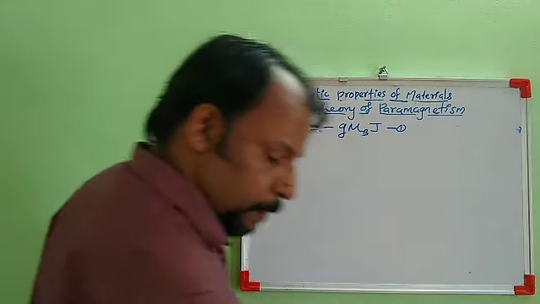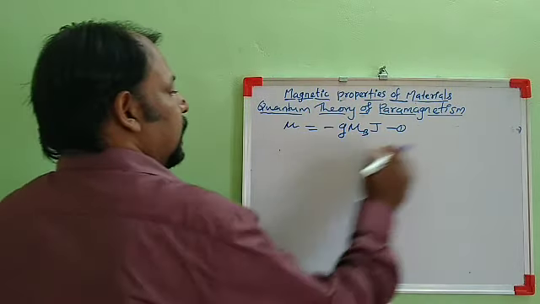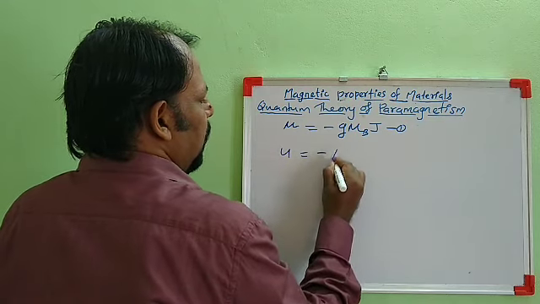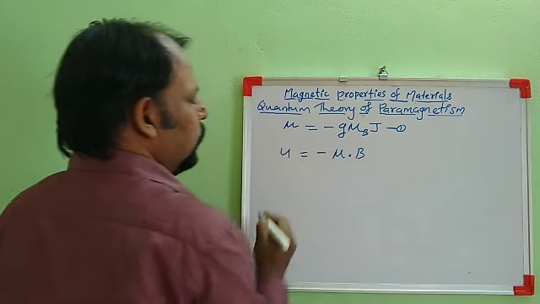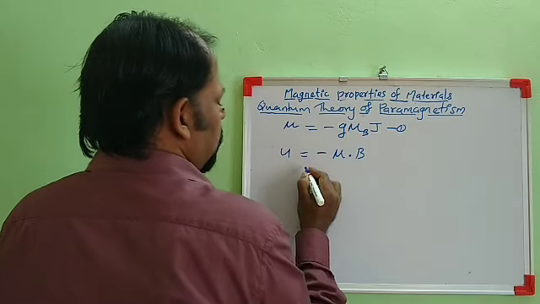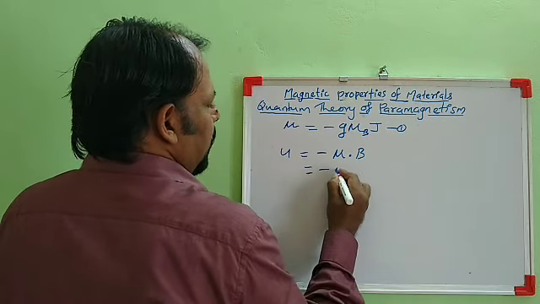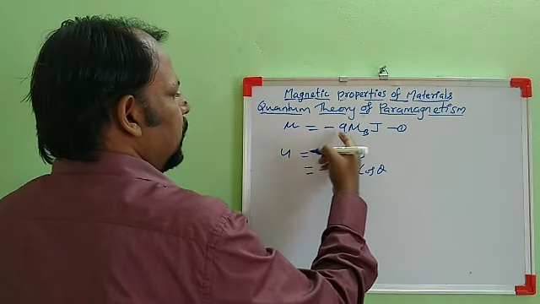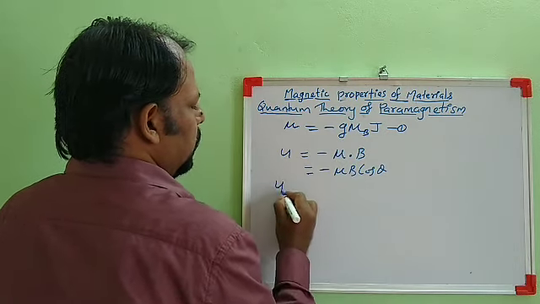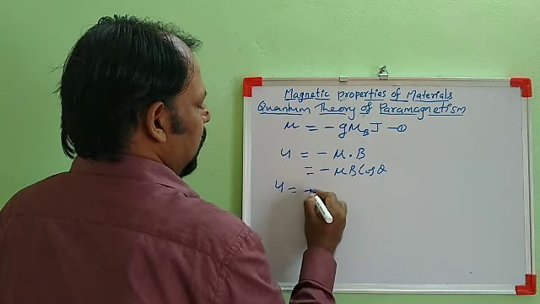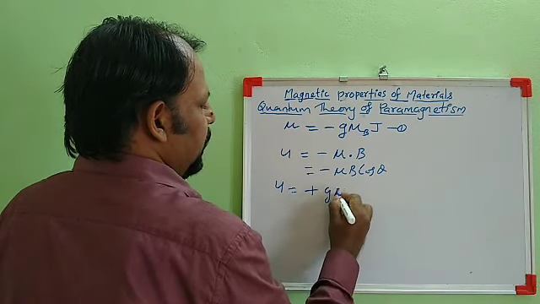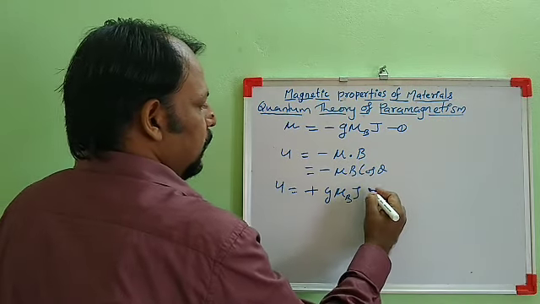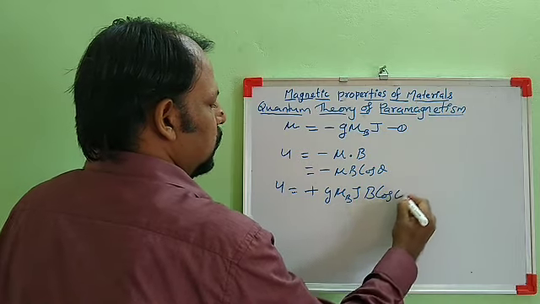If a magnetic dipole is placed in an external magnetic field, then its potential energy is given by U equal to minus mu dot B, which is equal to minus mu B cos theta. Mu is minus G mu B J, so U will be plus G mu B J B cos theta.